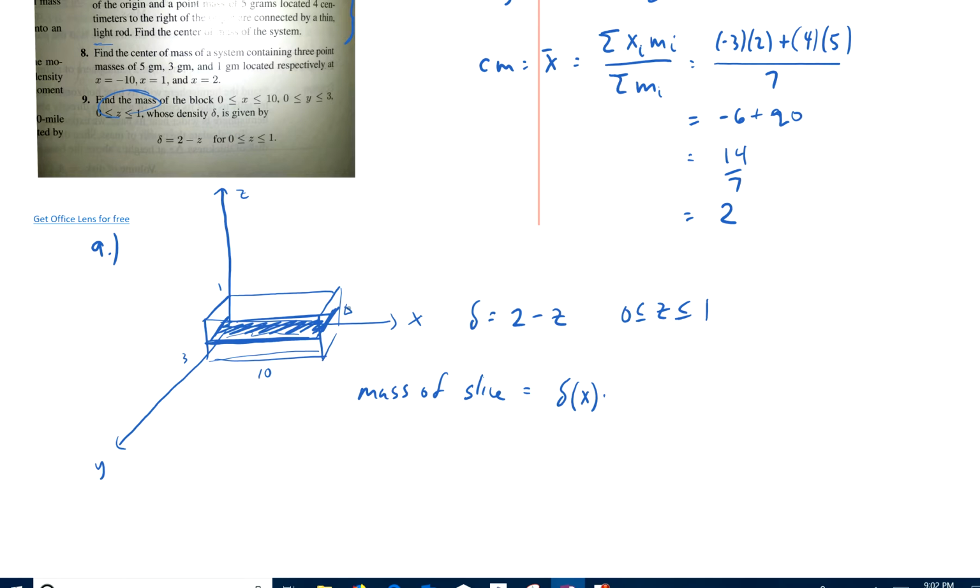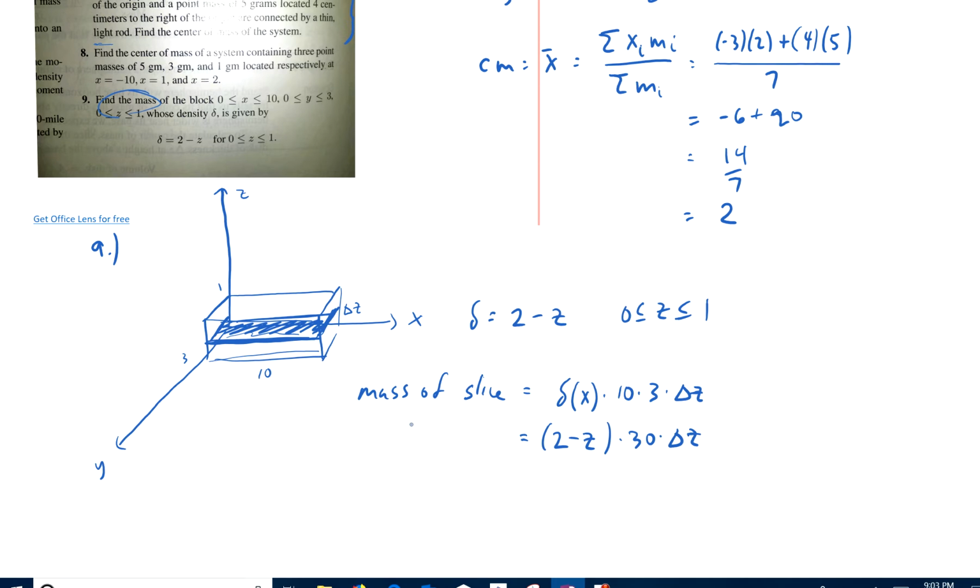Well, that slice is delta z thick, so it's going to be times 10 times 3 times delta z. All right, the width times the base times the height, sorry. Hope I don't make too many of these little mistakes. It's late Saturday night. I wanted to get this done here for you. So this becomes 2 minus z times 30 times delta z.